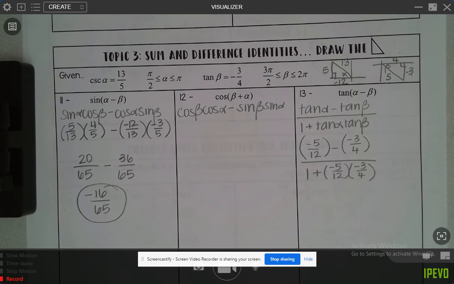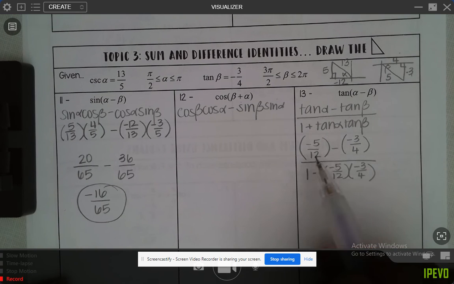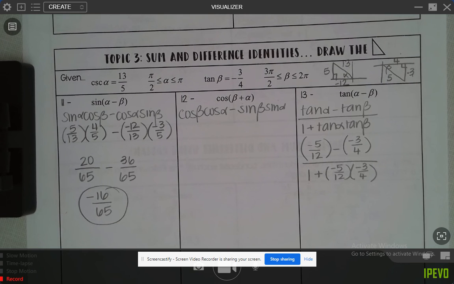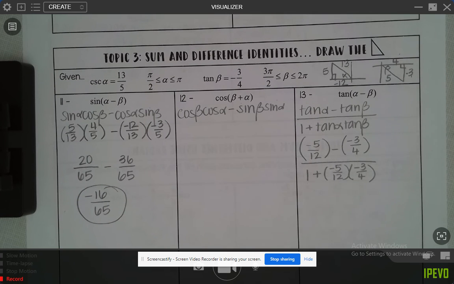From there, there's no more trig, right? Absolutely no more trig. What do you have to do on the top? Common denominator, yes? Can I give you a hint? Some of you are going to see 12, which is fine. But if you multiply the denominators, it makes it easier when you get rid of this. So just always multiply them. So I'm going to make the common denominator 48.